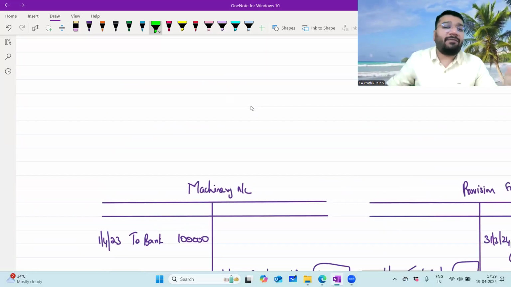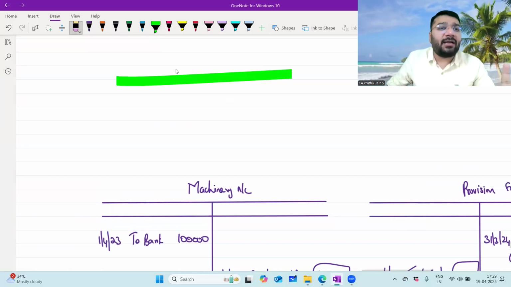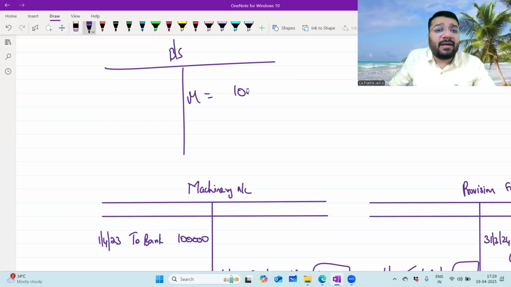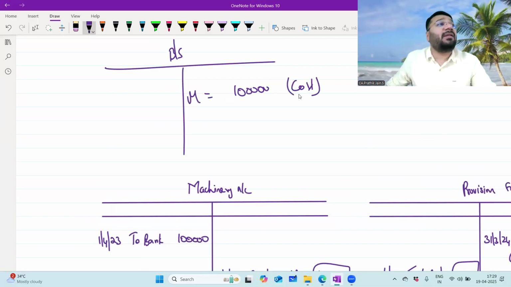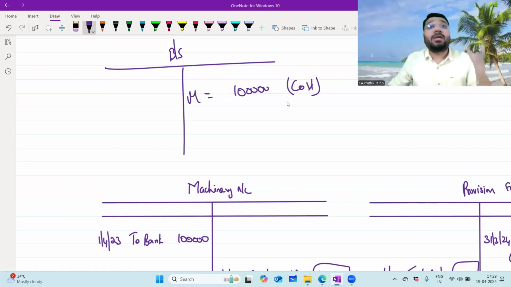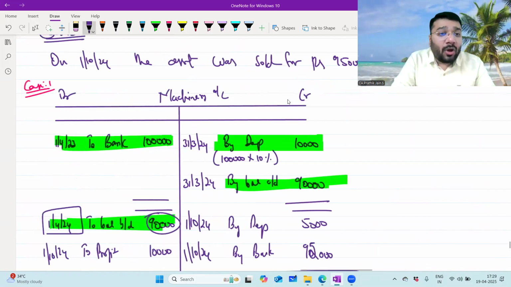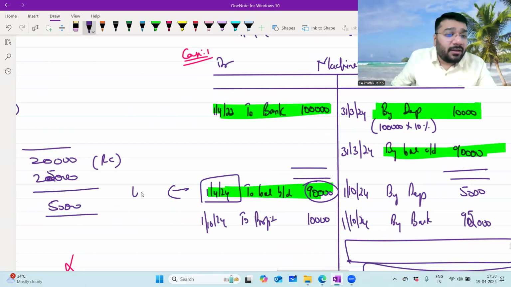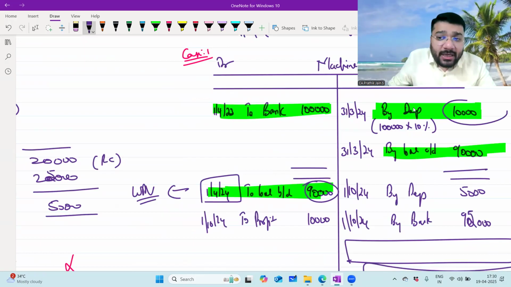Now, please tell me, people, if I open the balance sheet under the old format, not Schedule 3, just I'm telling, in the balance sheet, the machinery will be reflecting at what value? 1 lakh rupees. This is at cost. Always in the PFD method, the value of the asset will be reflecting at cost. Under the normal method, the value of the asset was reflecting at WDV because you recorded the depreciation in the asset account.